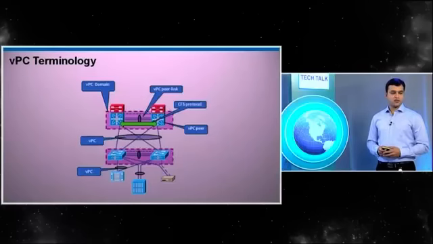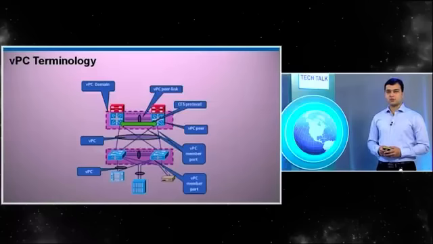Then we have the VPC, or the virtual port channel, which is nothing but a bundle of two links connecting to two different physical switches, and this virtual port channel makes the two switches act as one logical switch. We have the VPC member ports, and these are basically the ports on the VPC peers on which the physical links which form the VPC are connected.